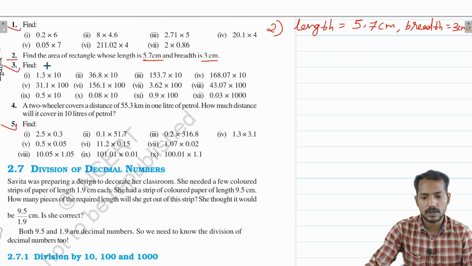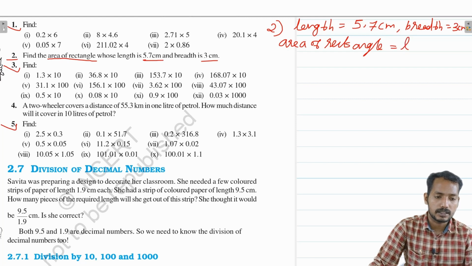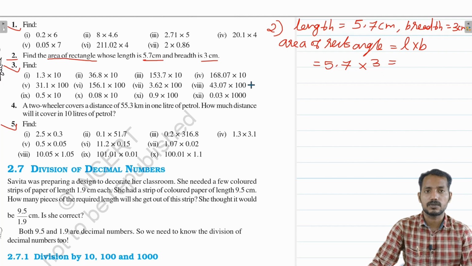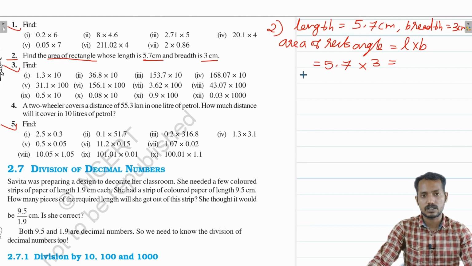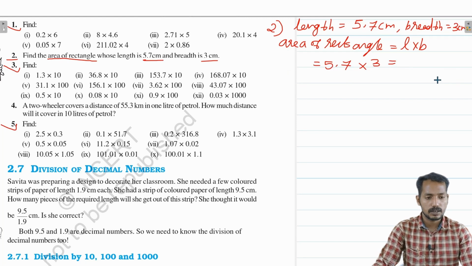So here, we have to find the area of the rectangle. What is the formula for area of rectangle? We know that area of rectangle is equal to length into breadth, which is equal to 5.7 into 3. Multiply these numbers. We already discussed how to multiply that. Just multiply them as a whole number. So what will we get here? 57 into 3.